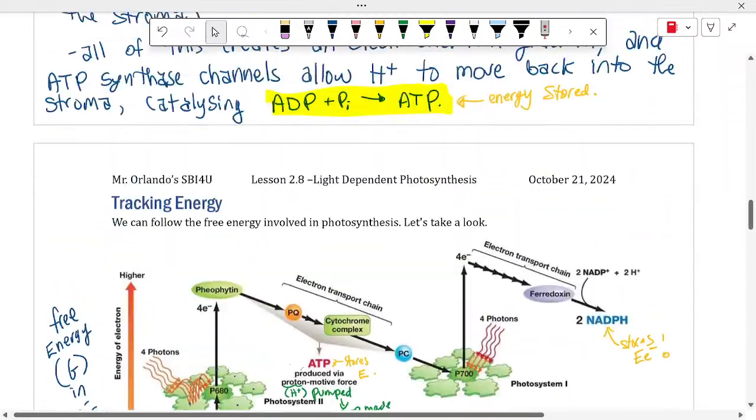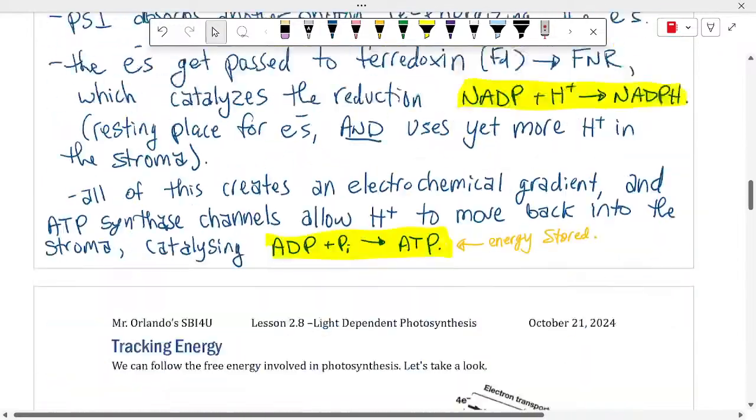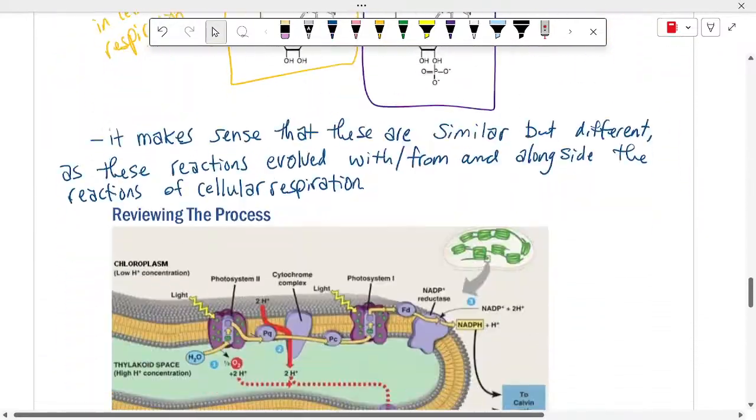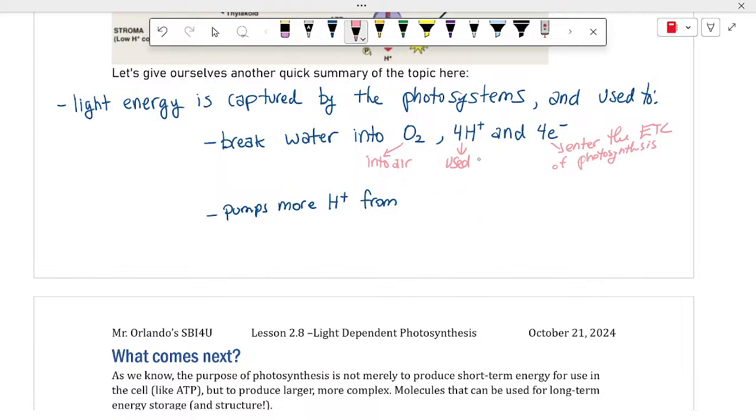From the stroma into the lumen, right? Oh, if you found that you wrote these things way too big, just rewrite it.